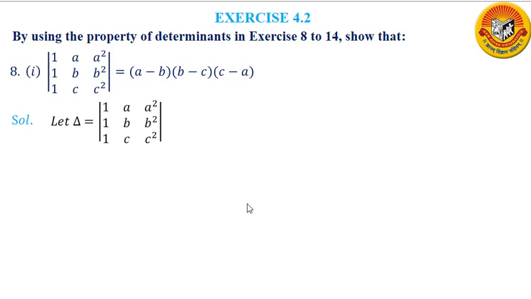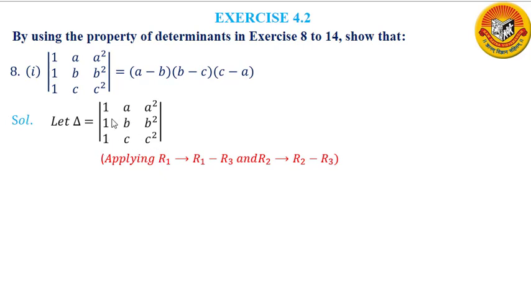Now you can see that you want a minus b, b minus c and c minus a on the right hand side. So what can I do? I can apply R1 as R1 minus R3. When I apply R1 minus R3, I have a minus c, here a square minus c square, and here 0.